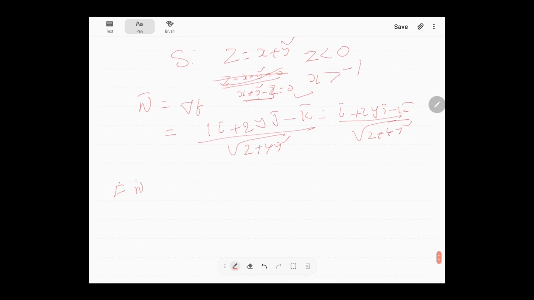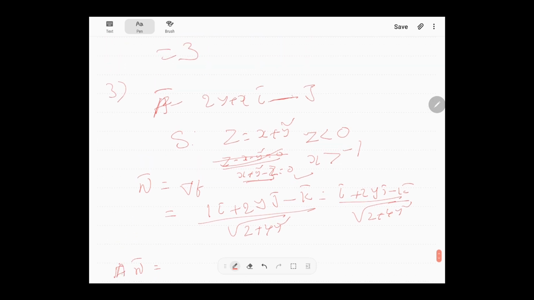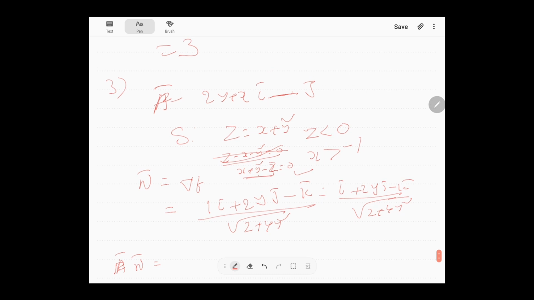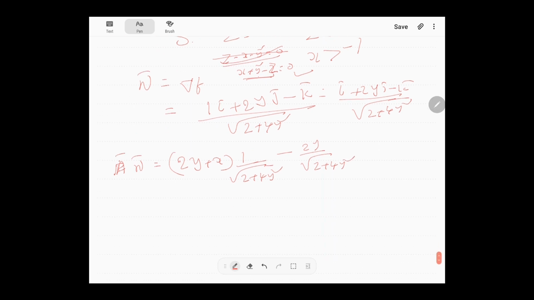Now, what is your f bar dot n bar? F bar is this, which he has given. What is a bar dot n bar? A bar dot n bar is 2y plus x into 1 by root 2 plus 4y square, minus 2y by root 2 plus 4y square. K anyway is 0.